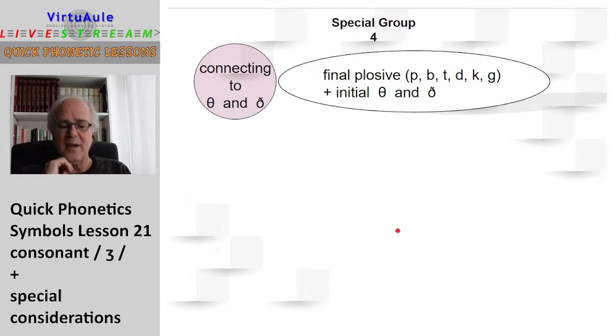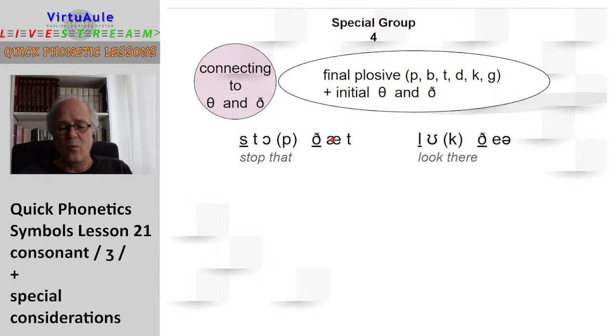All right. Special group 4. Connecting to the th sounds. We have the final plosives p, b, t, d, k, and g with the initial th. Okay? The strong th overrides the final plosive.